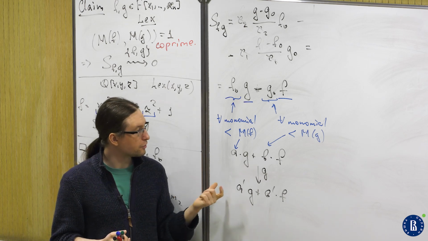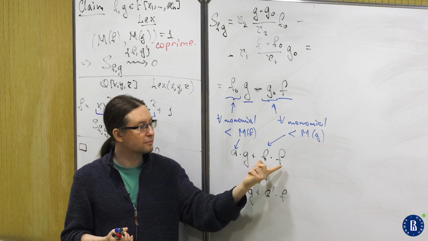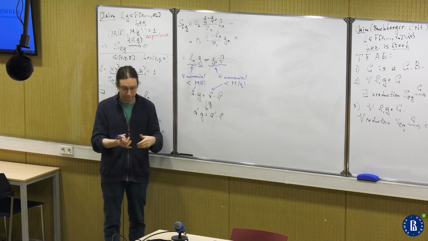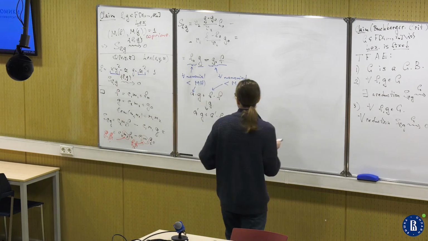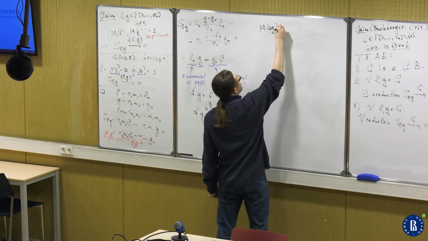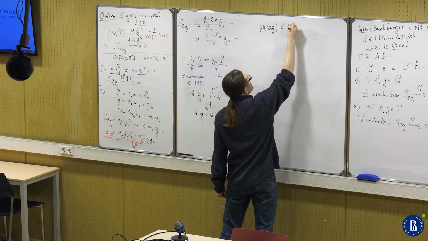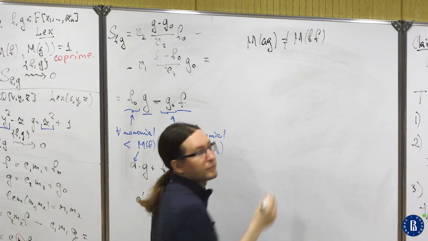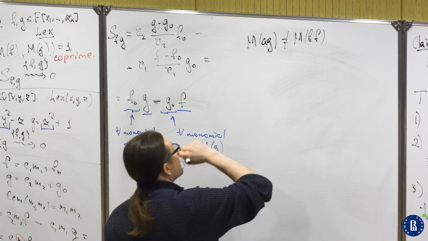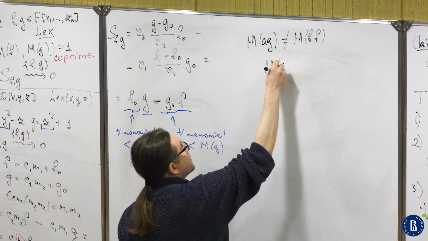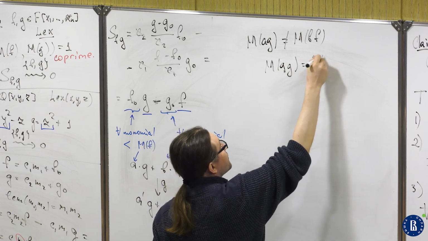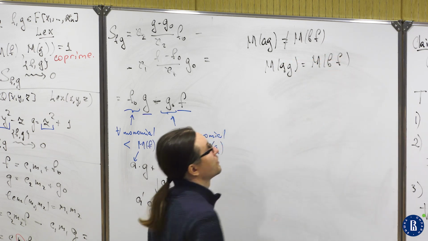So let me show you that the leading monomial here and the leading monomial here are always distinct. Let me show that the leading monomial of AG is never equal to the leading monomial of BF. Indeed, let's assume that it may happen that the leading monomial of AG is the same as the leading monomial of BF.